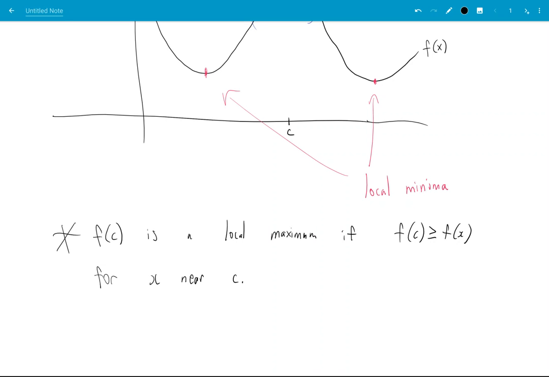So local maxima and local minima together are called relative extrema or local extrema.